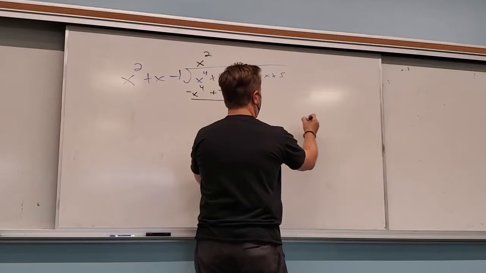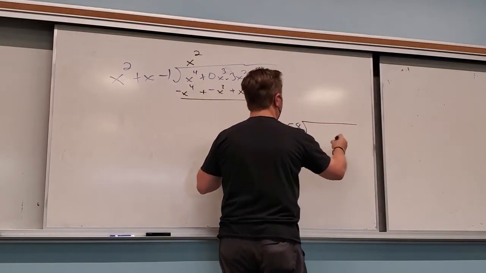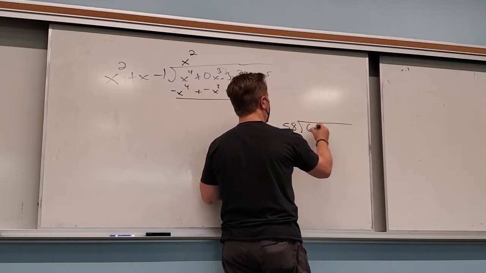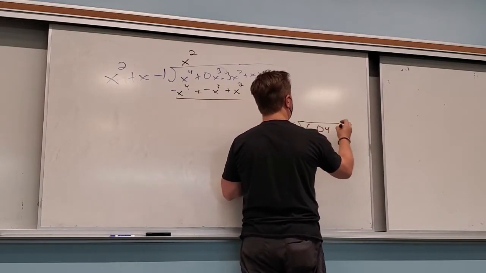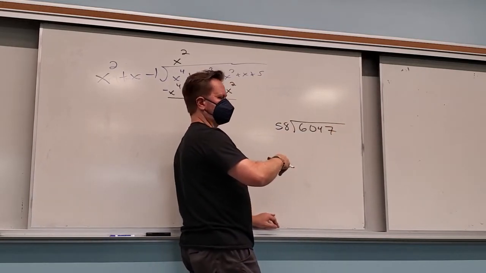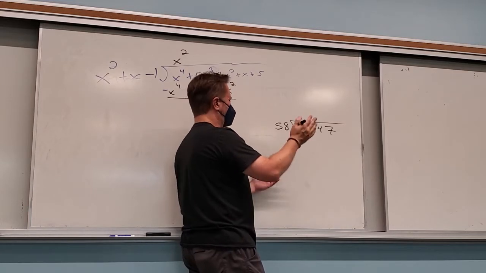So again, we did an example. Let me do a different one. 58 into 6,047. That's not exactly the best.